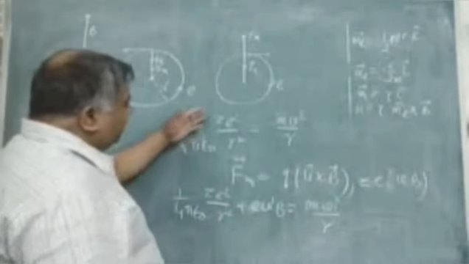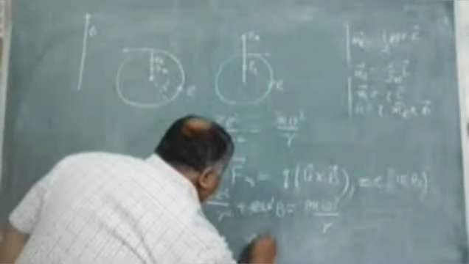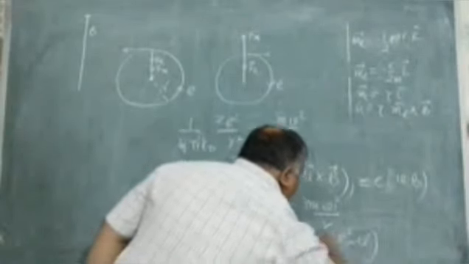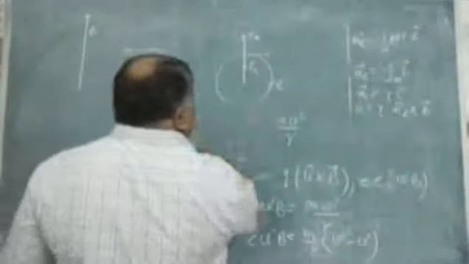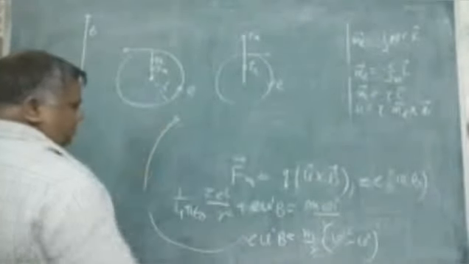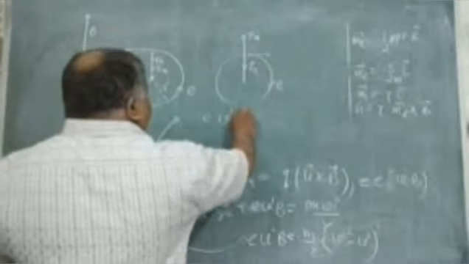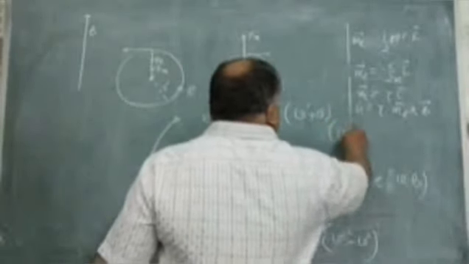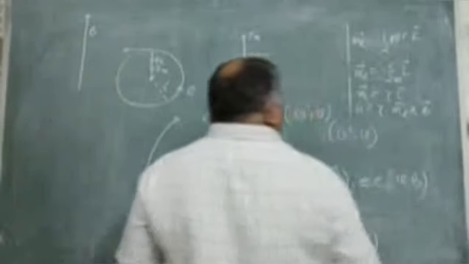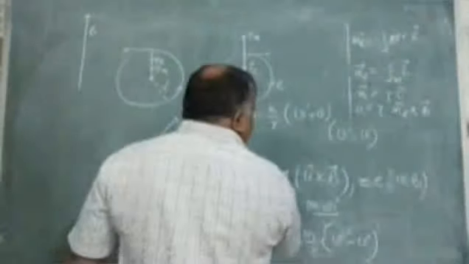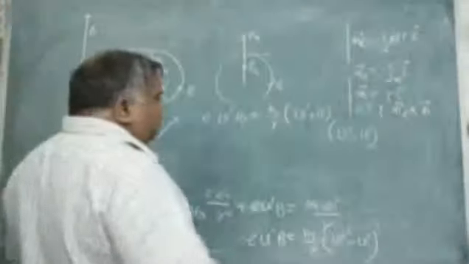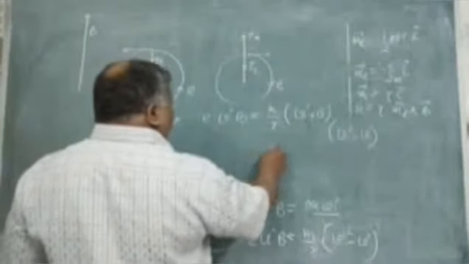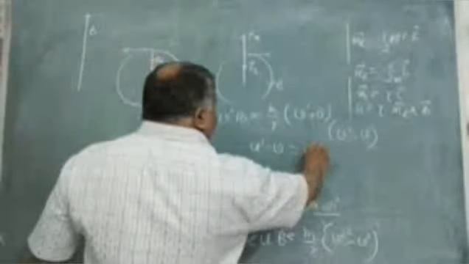We have this situation. If we subtract these two equations, we will get e v dash B equal to m over r, v dash square minus v square. v dash minus v is a small quantity, generally small, let it be represented as delta v.